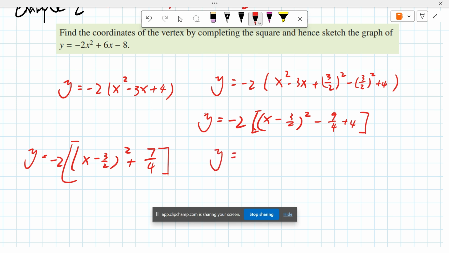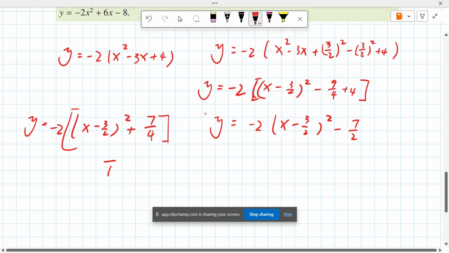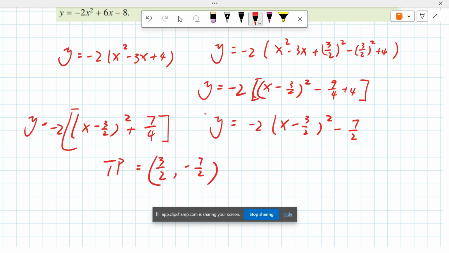Now y equal to negative 2 x minus 3 over 2 squared and minus 7 over 2. Now the turning point will be equal to 3 over 2 and negative 7 over 2. So that's your turning point.